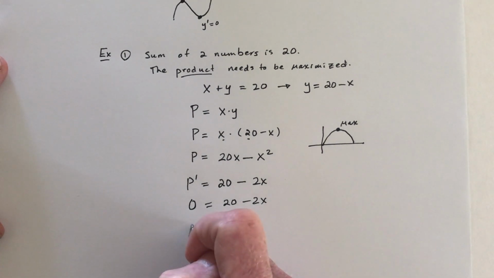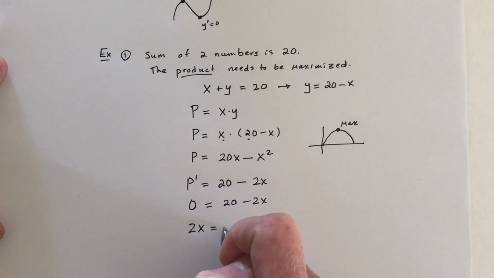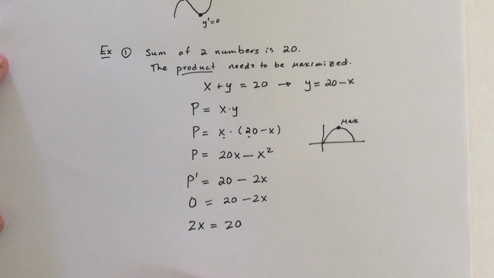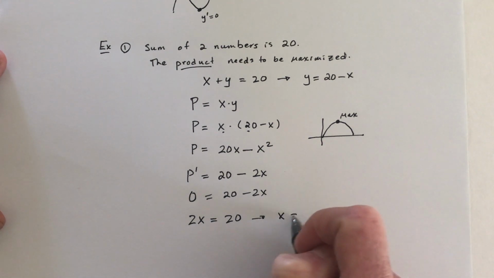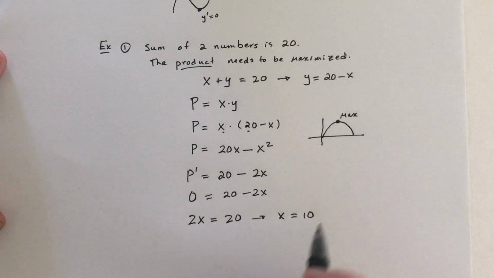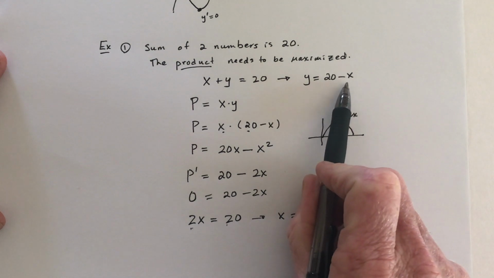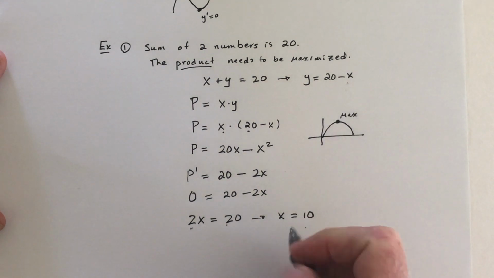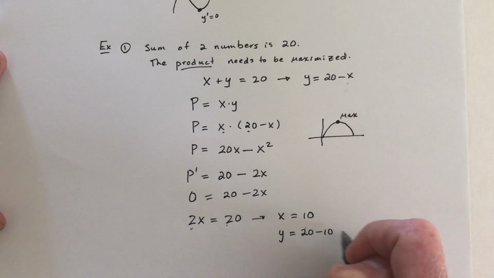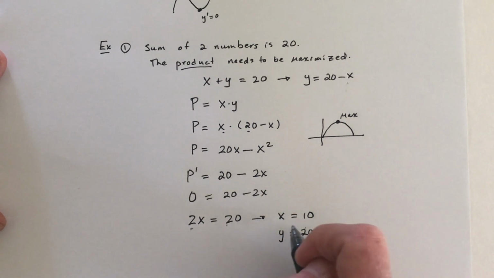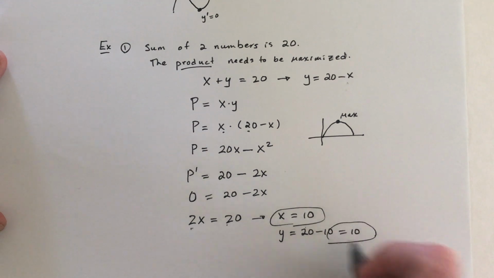Or add 2x to both sides, and 2x equals 20. And then just divide by 2, and that means that x is equal to 10. The last thing to do is take that x and put it right here, and then y is going to be 20 minus 10. So that means that the two numbers are 10 and 10.